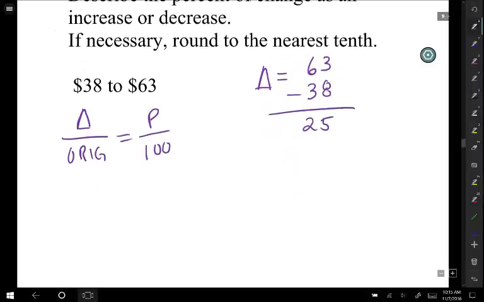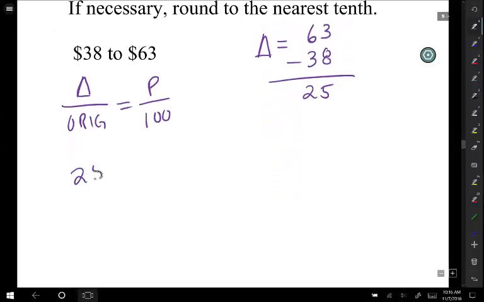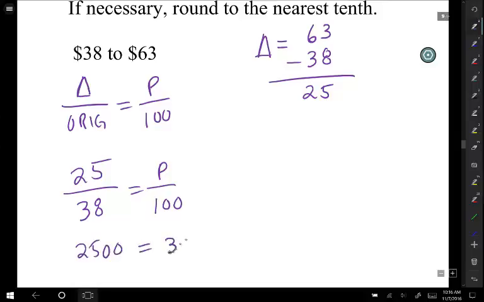Okay, so let's set this up. 25 over, what's the original? 38 equals p over 100. So that's 2500 equals 38p. I get p equals 65.789.